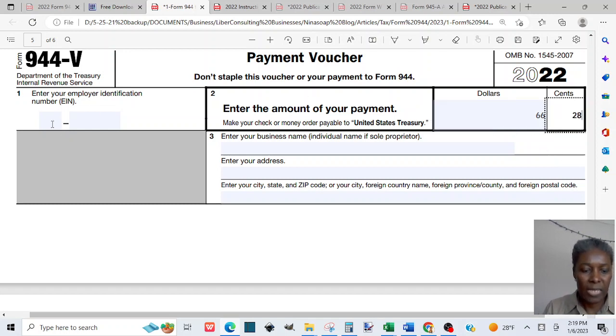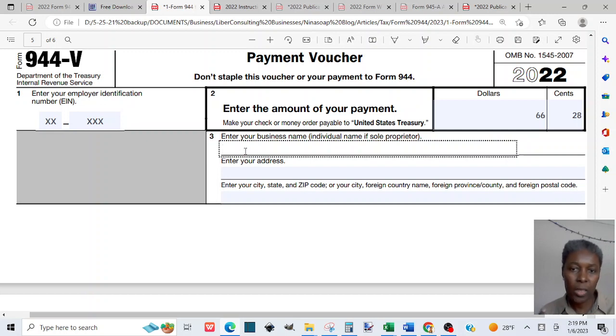You put your business EIN number, you put your business name, or you put your name if you are sole proprietor.